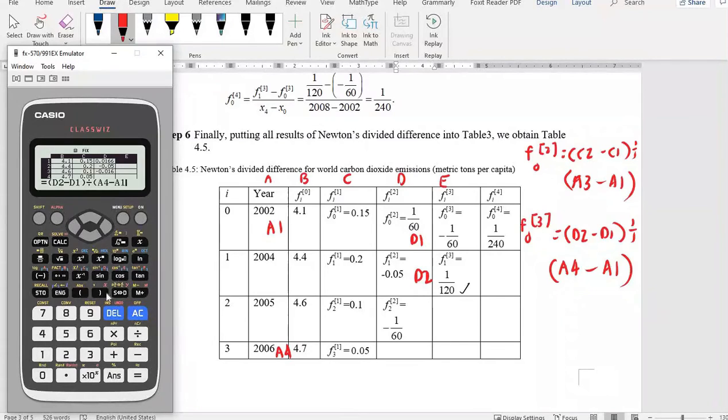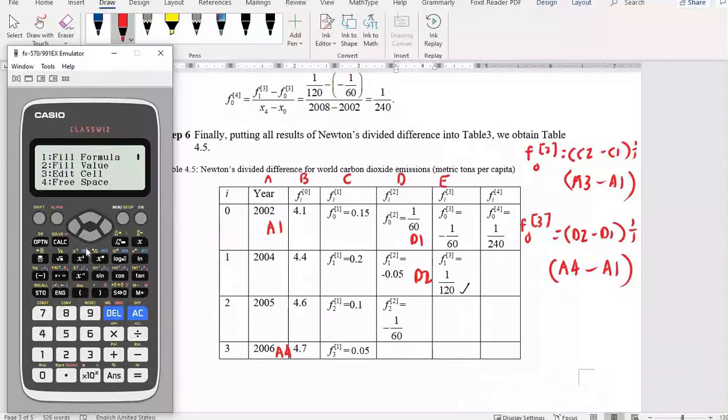Then you press equal, so you get negative 0.016, which is negative 1 over 60.